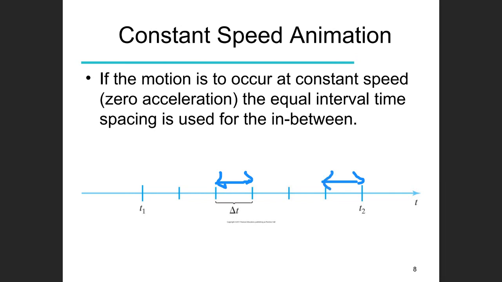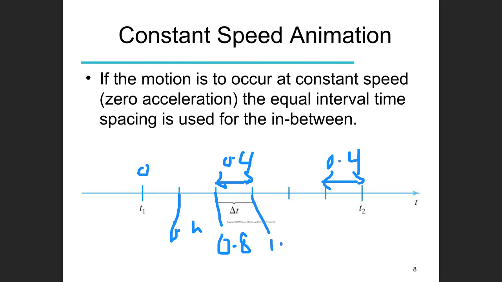For example, if the value is 0.4 interval between the timings, it will also be 0.4 elsewhere. For example, we can say the starting time is 0, and then we have an interval of 0.4. So this point will be at 0.4. This will be at 0.8 because the interval is 0.4. This is going to be 1.2. This is going to be 1.6, like this, because delta is equal to 0.4.